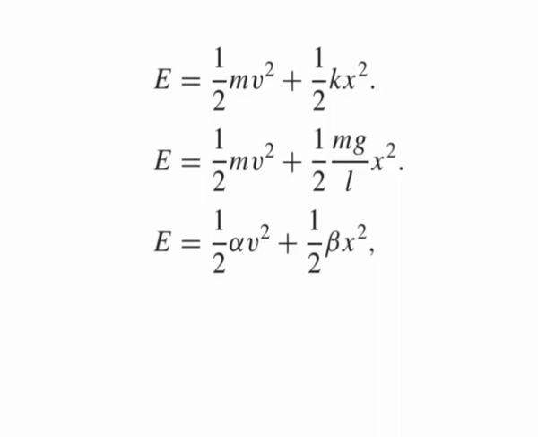Both expressions have the form E = 1/2 αv² + 1/2 βx². Here α and β are constants.